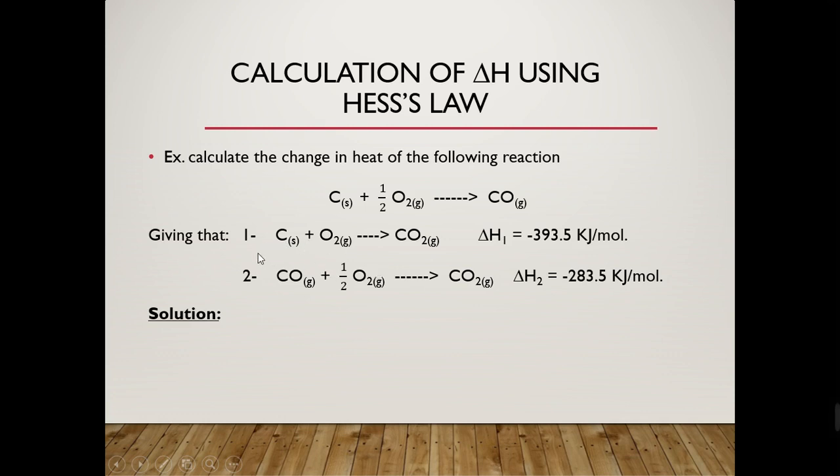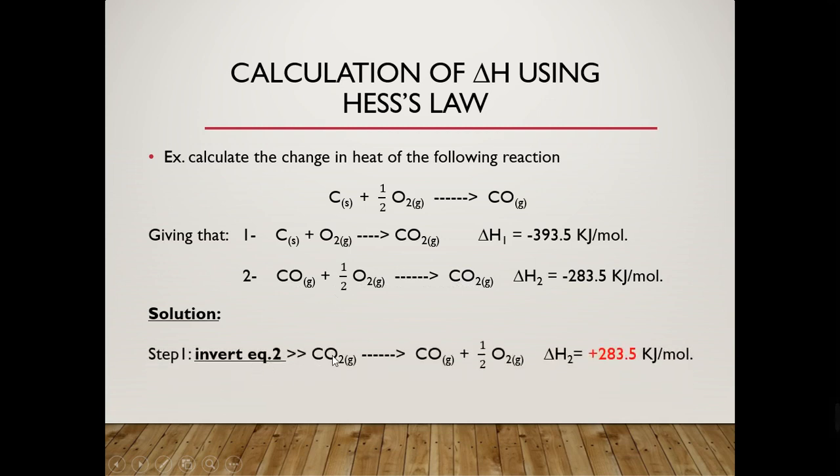Carbon monoxide in the first equation is not available, but in the second equation, the carbon monoxide is present in the reactant, although here it should be in the product. So the first step, we have to invert equation 2, make the reactants the products and the products the reactants. This is the first step.